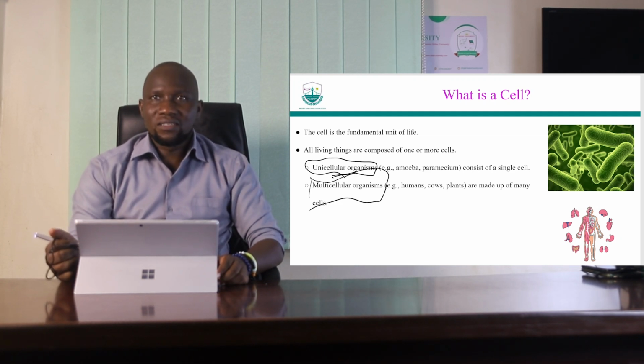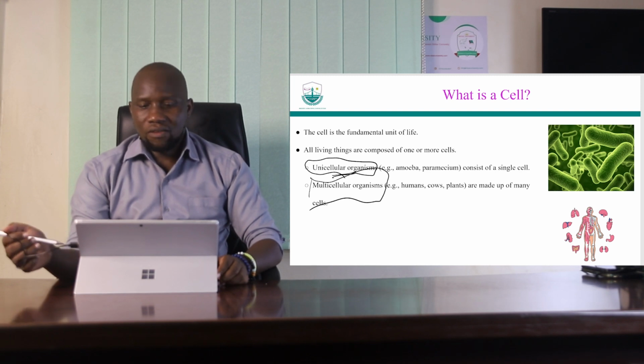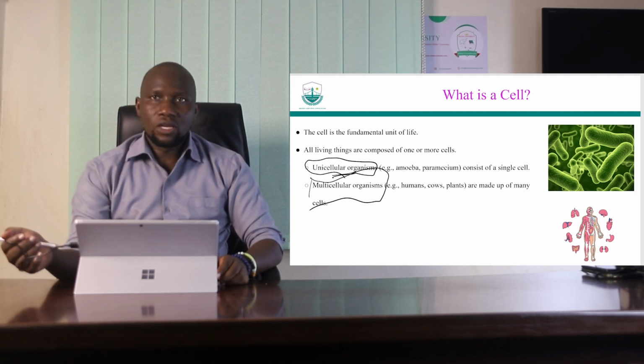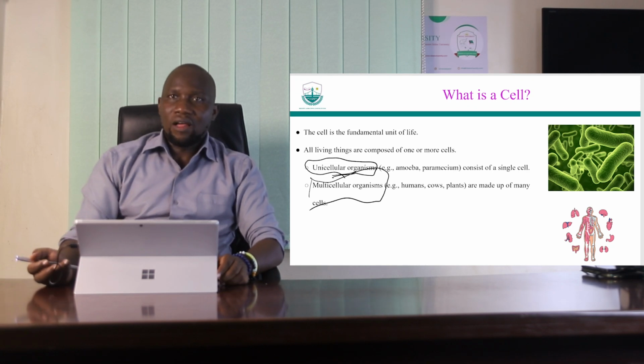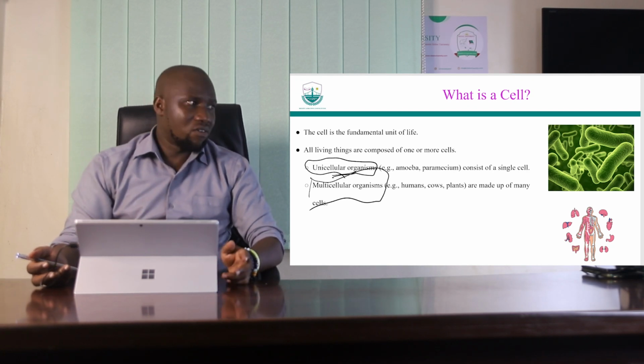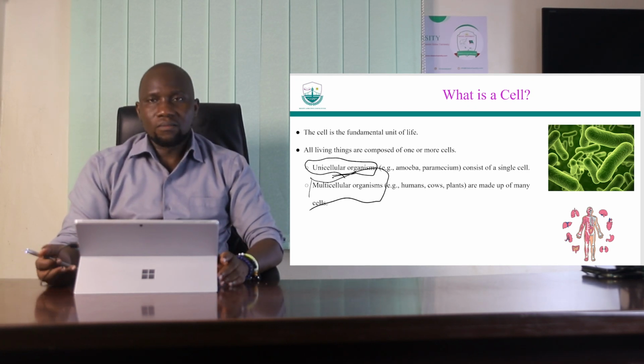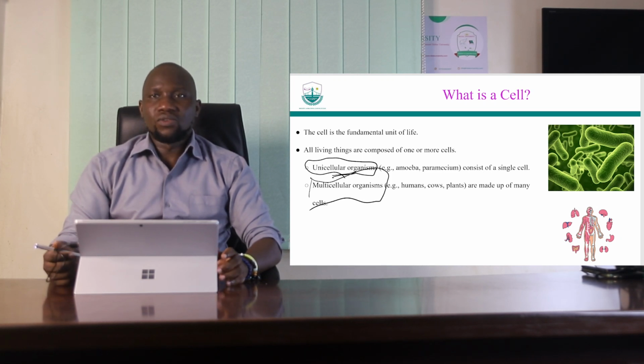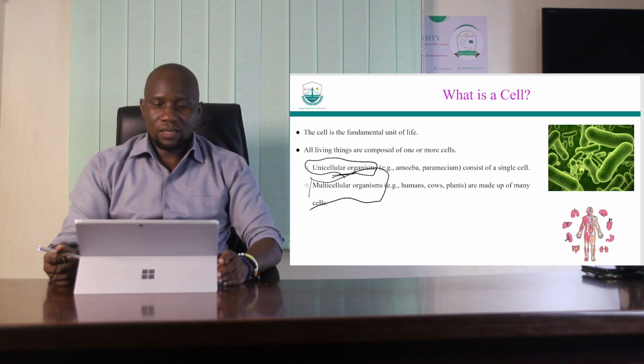So humans, animals like a goat, a cow, a sheep, and even plants are multicellular. Then we have organisms like the bacteria, amoeba, and paramecium, which consist of only one cell.